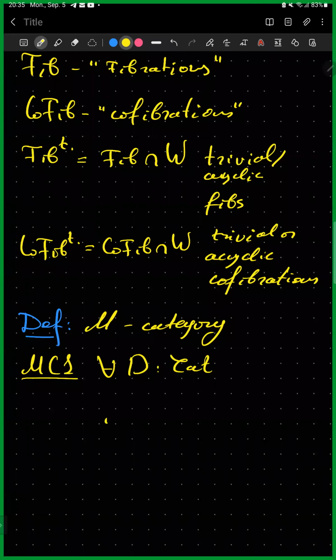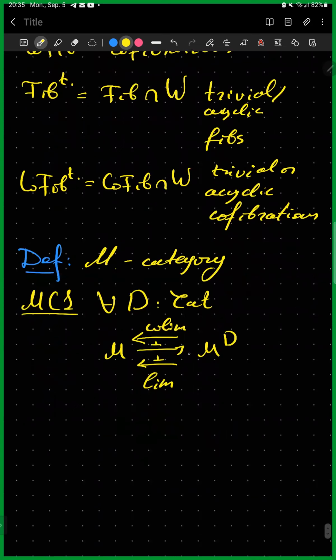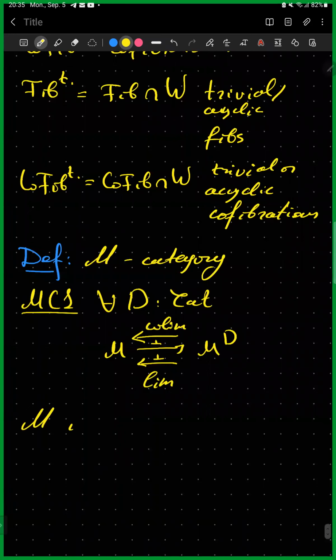Then we require that the diagonal functor has right and left adjoints. This is the functor of constant diagram, and we should have all limits and colimits. In other words, M is bicomplete.